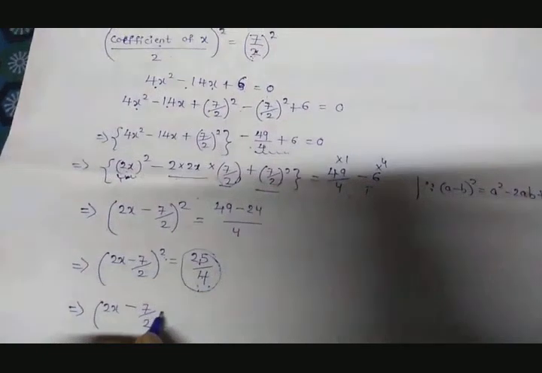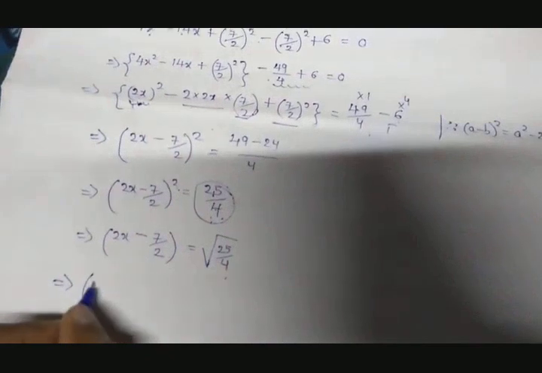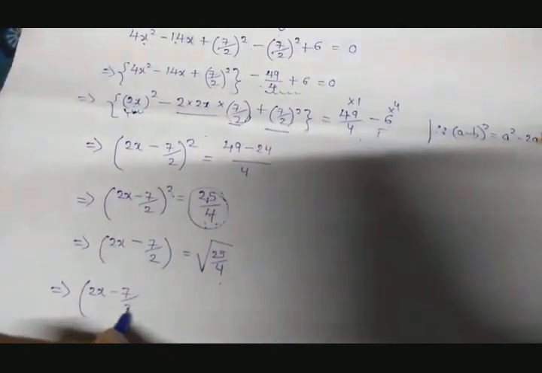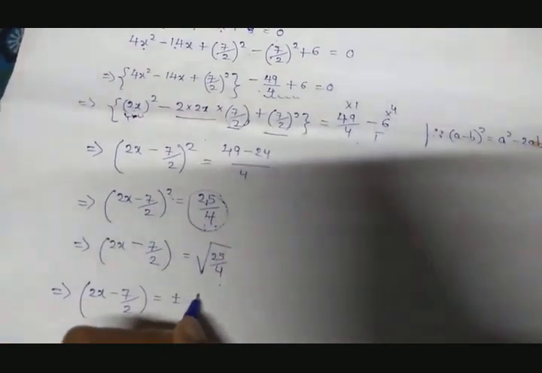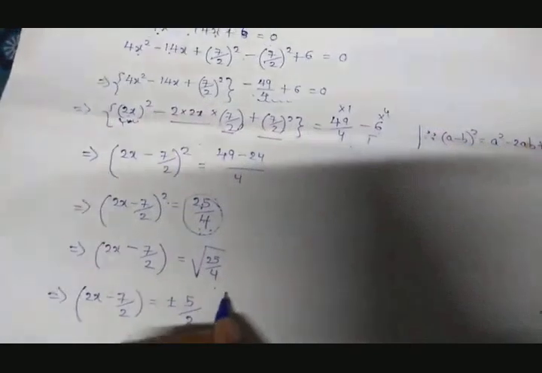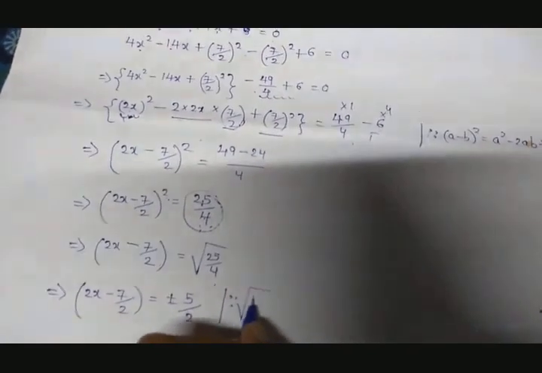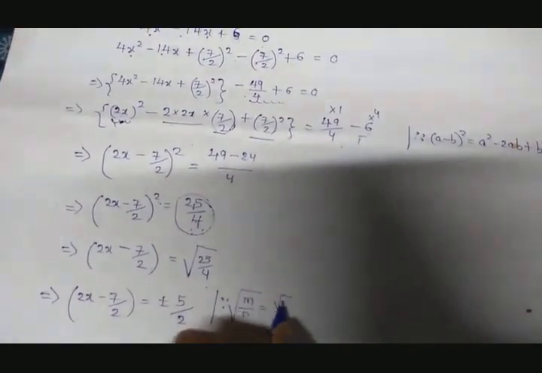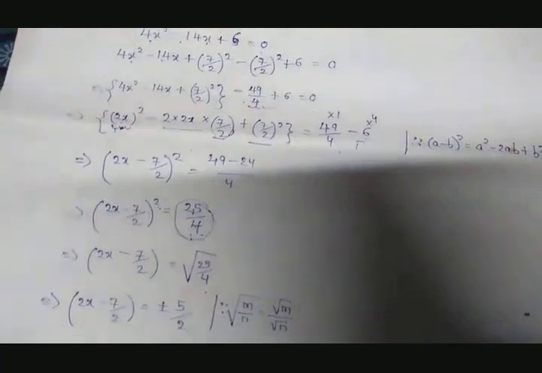So 2x minus 7 by 2 is equal to square root of 25 by 4. So this implies 2x minus 7 by 2 is equal to plus or minus 5 divided by 2. Why? Because square root of m by n is equal to square root of m divided by square root of n.